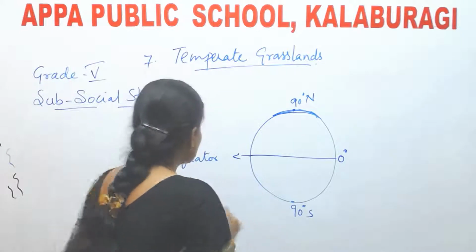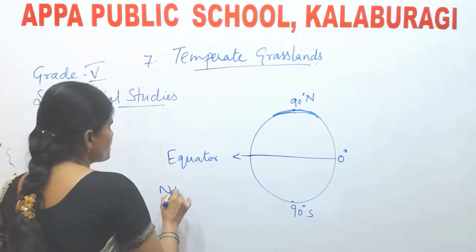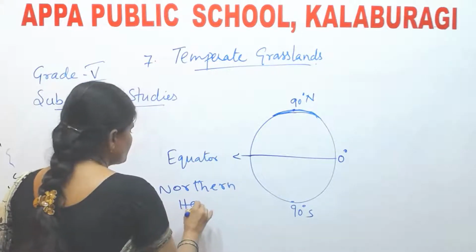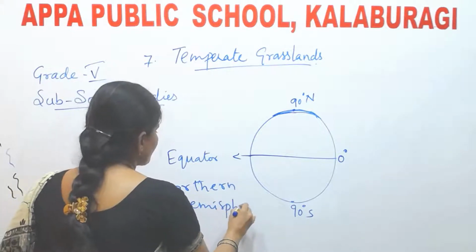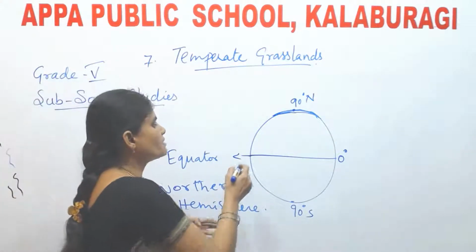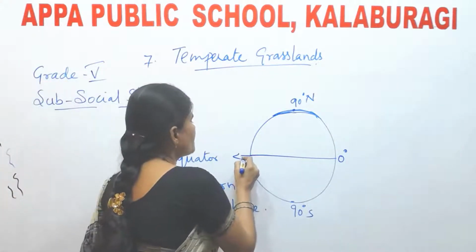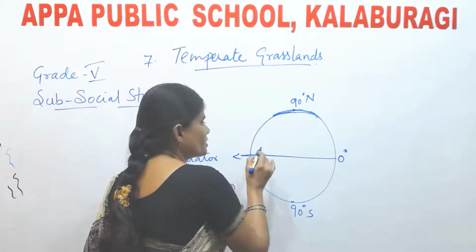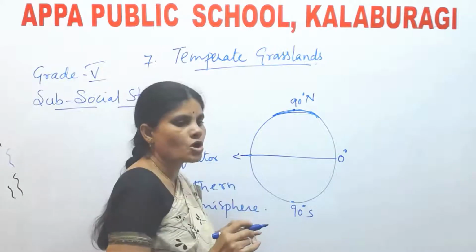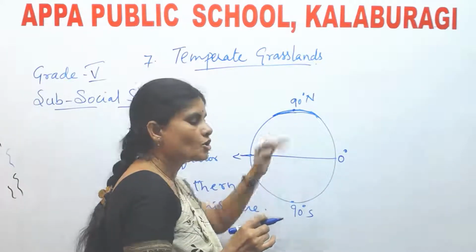See, what is northern hemisphere? We are discussing the northern hemisphere, isn't it? Northern hemisphere is nothing but the area which is located between 0-degree latitude, that means equator, to 90-degree north. It is called the northern hemisphere.